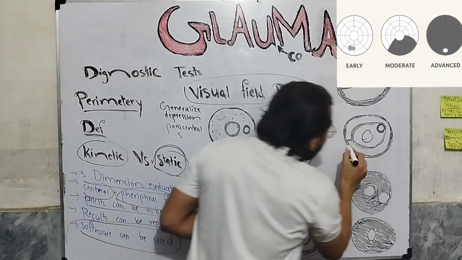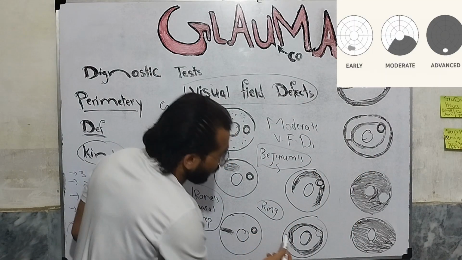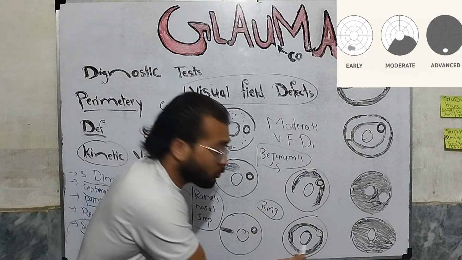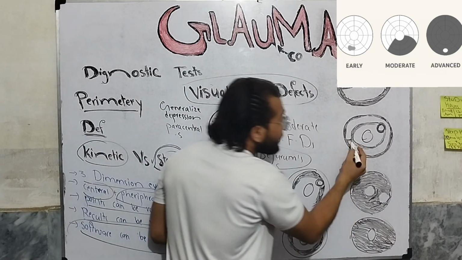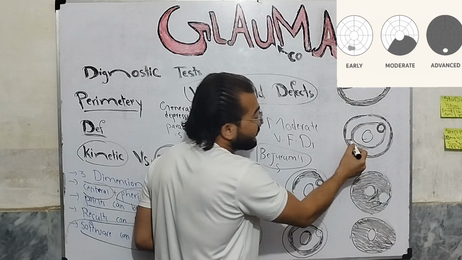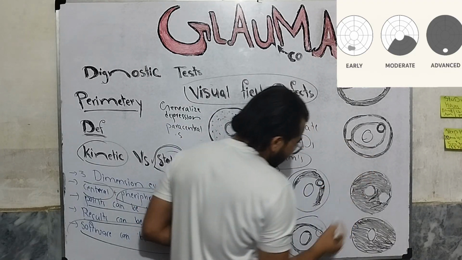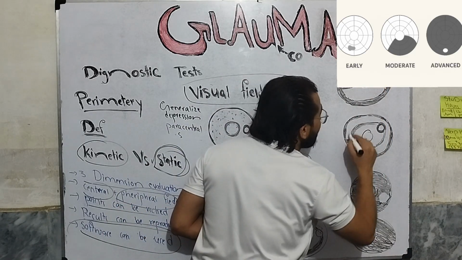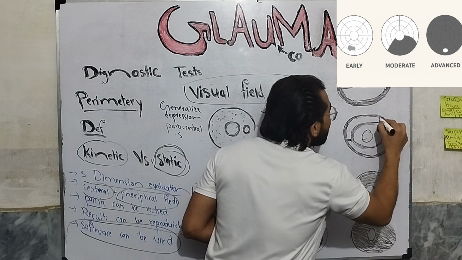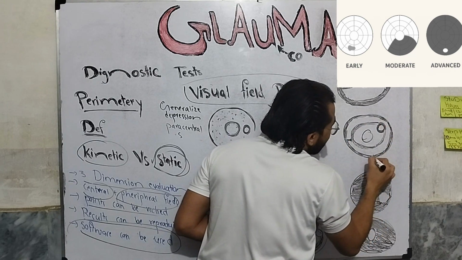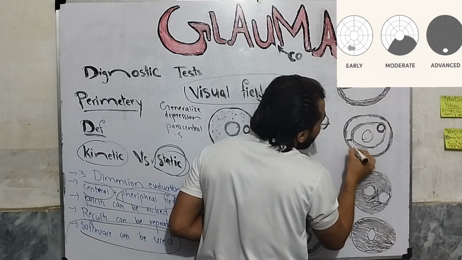Now from this double arcuate scotoma or ring scotoma, through the nasal step or the temporal wedge, it can also expand like the peripheral depression all over the 360 degrees of the peripheral visual field.